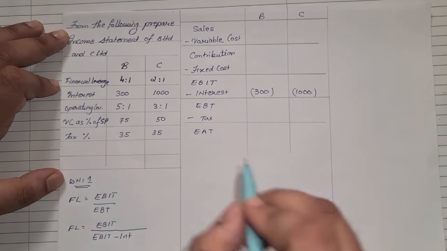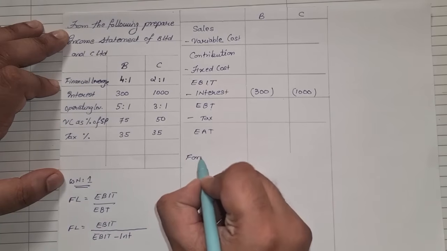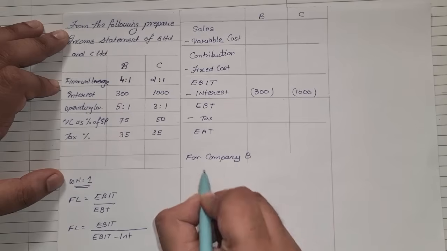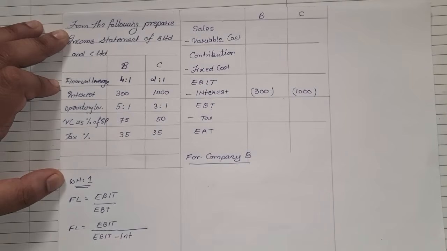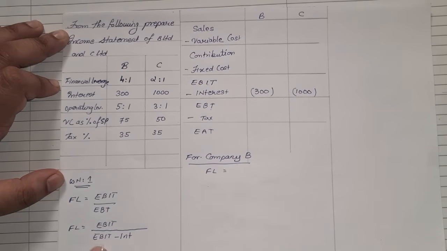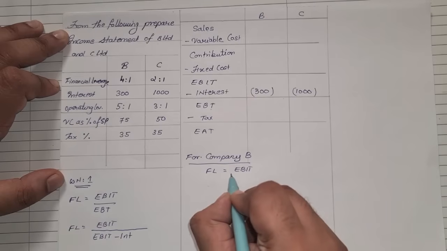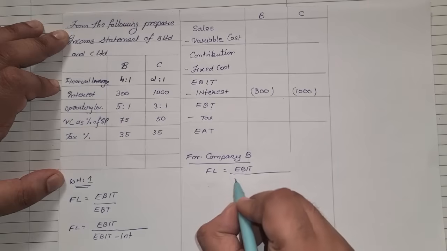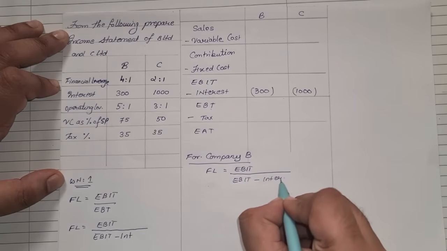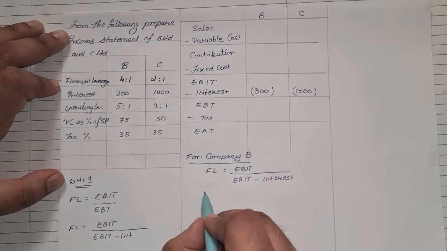So now first we'll do it for company B. I'll write it here, working for company B. For company B, I will be using this formula: financial leverage is EBIT upon EBIT minus interest. Financial leverage given in the question is 4:1.